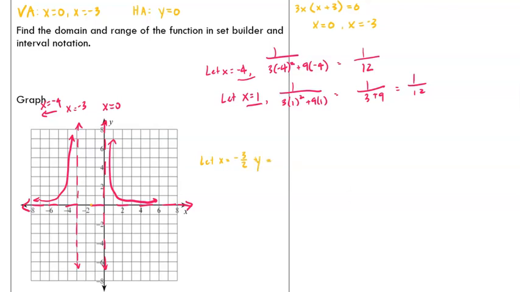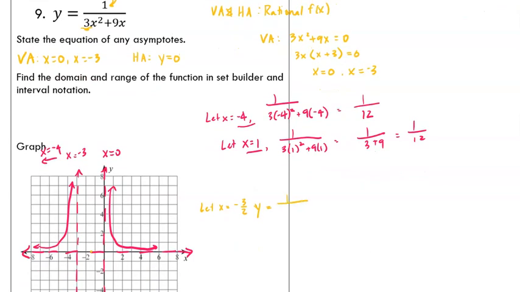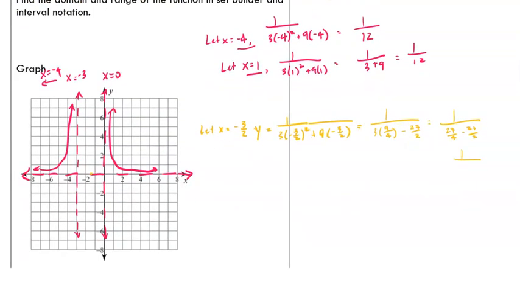And that means y equals 1/3 times -3/2 squared, and that means that it's 1/3 times 9/4 minus 27/2. That equals 27/4 minus 27/2.